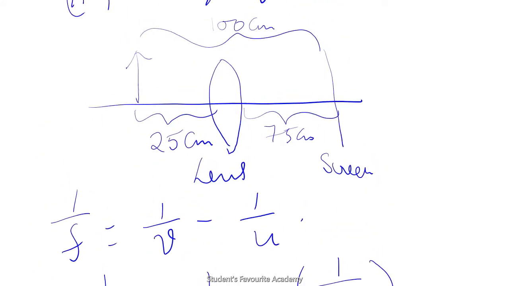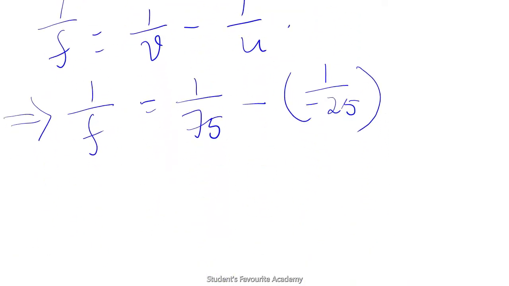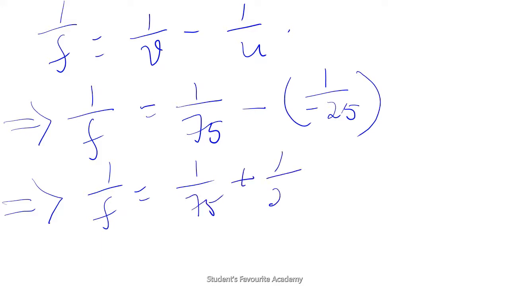Why minus 25? Because it is on the left side. So this implies 1 upon F is equal to 1 upon 75 plus 1 upon 25.